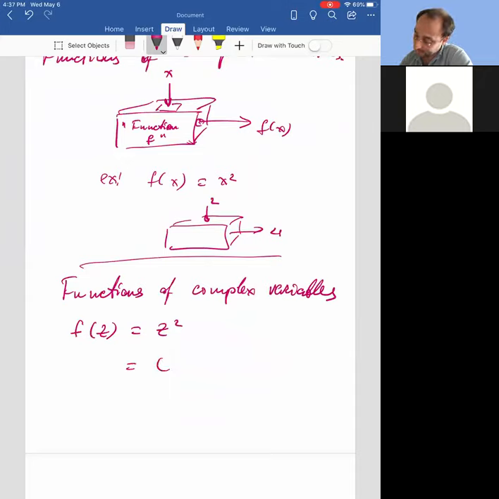So z equals a plus ib, squared. That's a squared, plus 2iab, minus b squared.